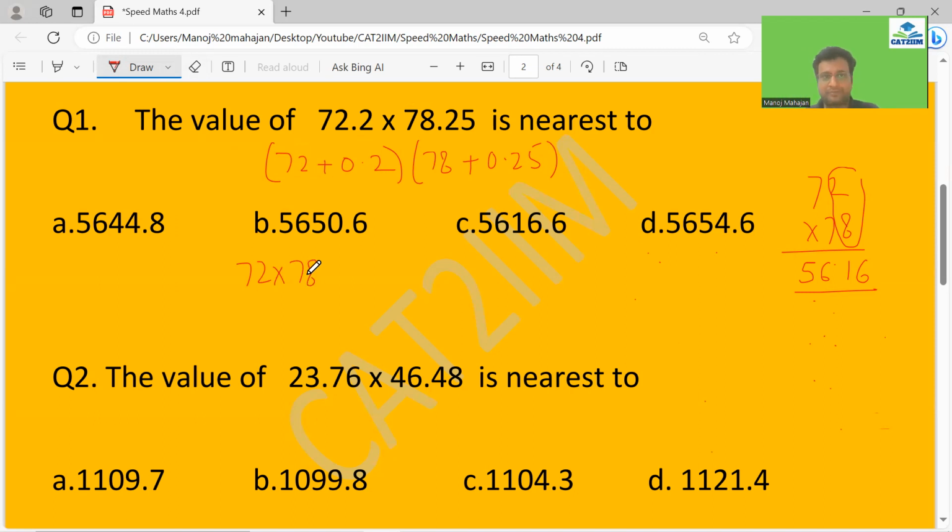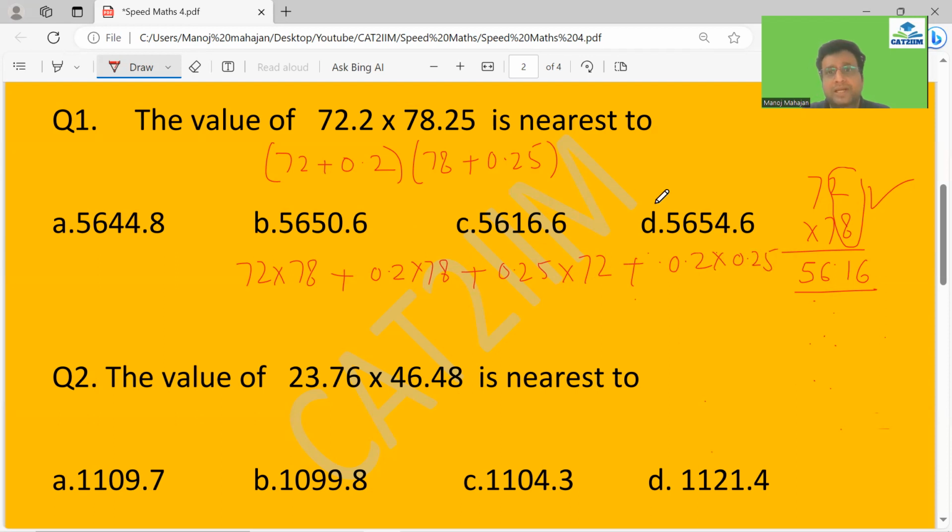Even the base method could have been thought of, right? Even I told you the trick out here. So this can be multiplied easily by most of you if you have followed all my speed maths videos. Now, next step would be 0.2 multiplied with 78, 0.25 multiplied with 72, and the last part would be this.